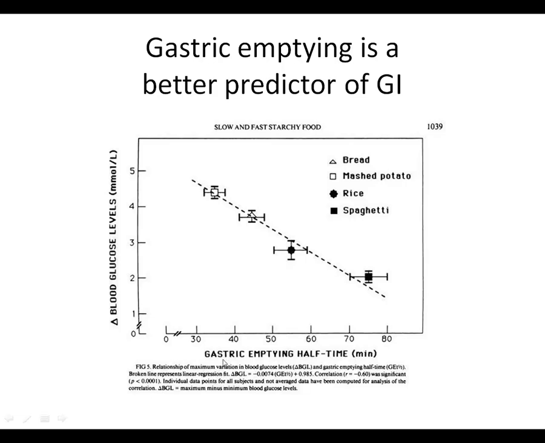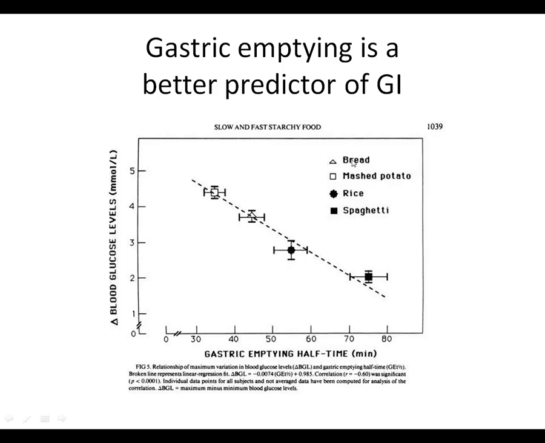So here is a graph where on the y-axis is the change in blood glucose levels. In other words, how high that glucose spike is. And this axis is the time that it takes for a food to leave the stomach.